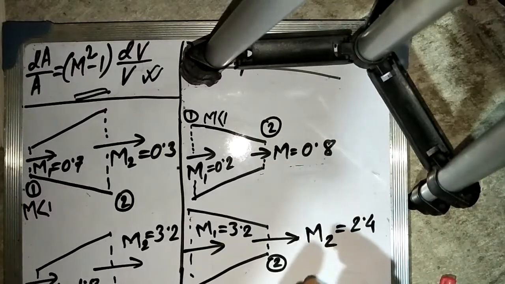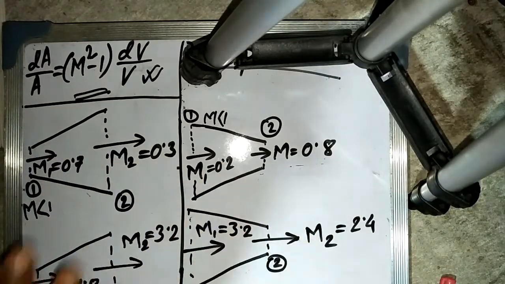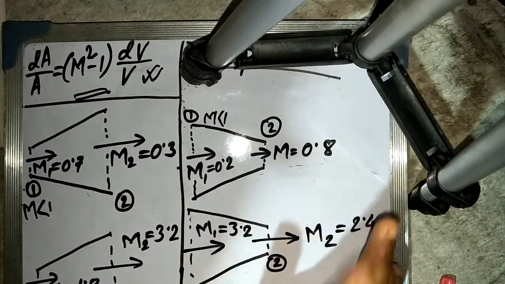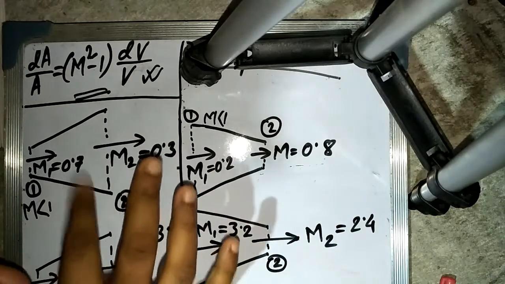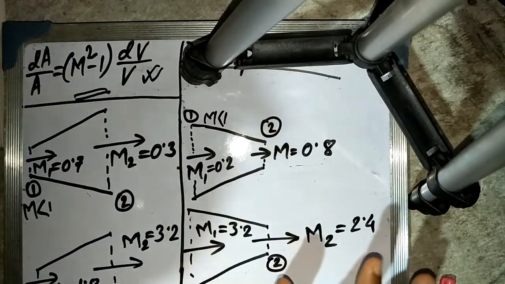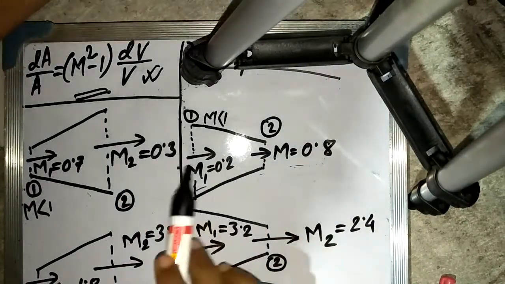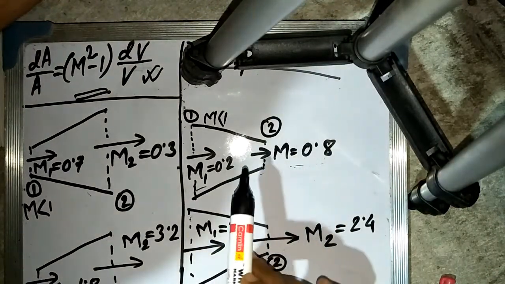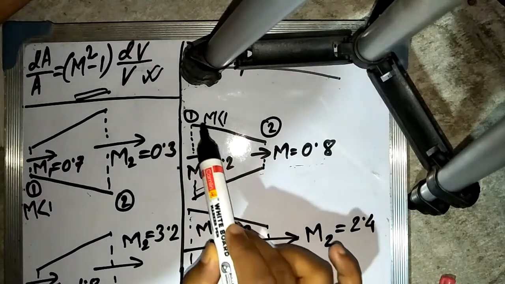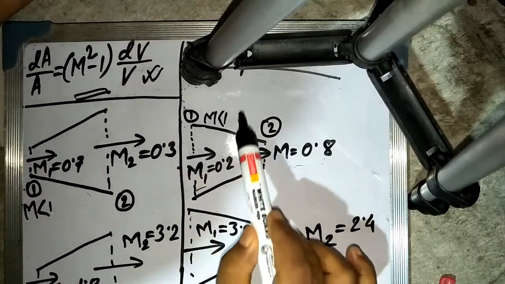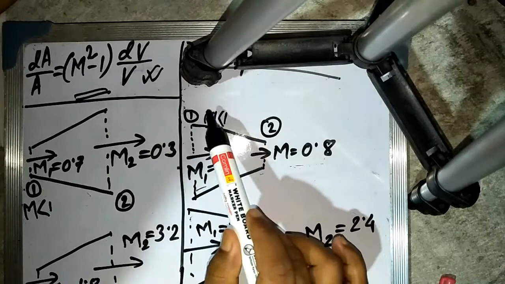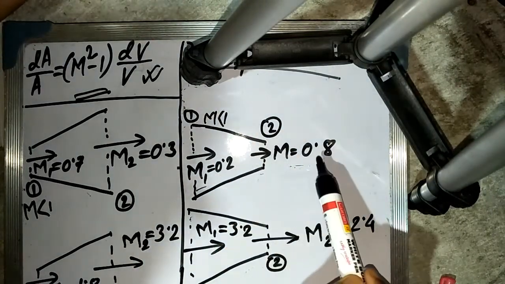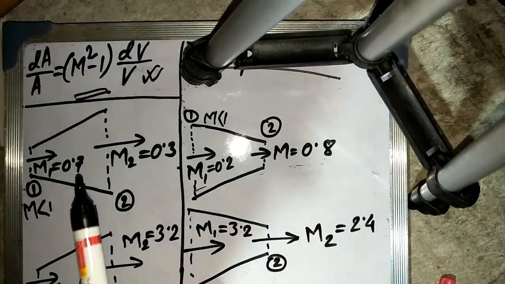Four types of ducts are shown here. These two are the convergent type duct and these two are the divergent type duct. For case number 1, the convergent duct, when the inlet Mach number is less than 1, that means subsonic, the convergent duct acts as a nozzle. Now come to the second case.